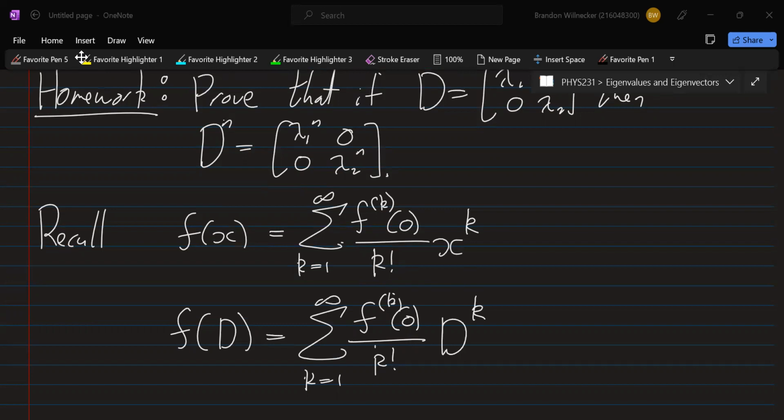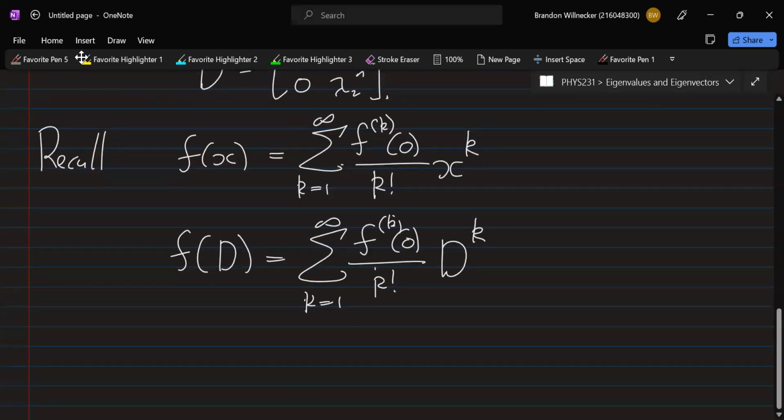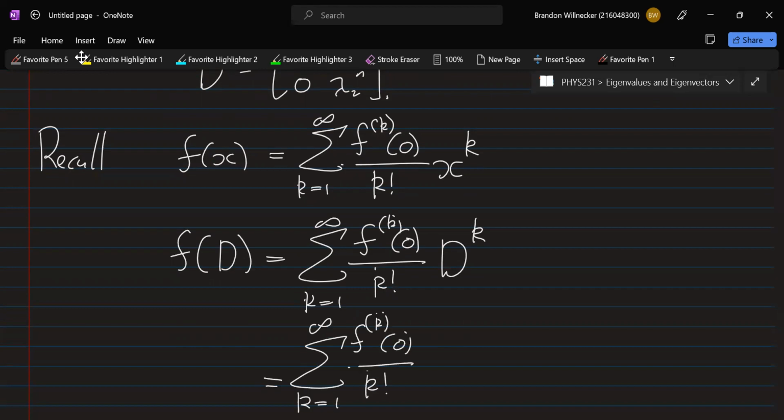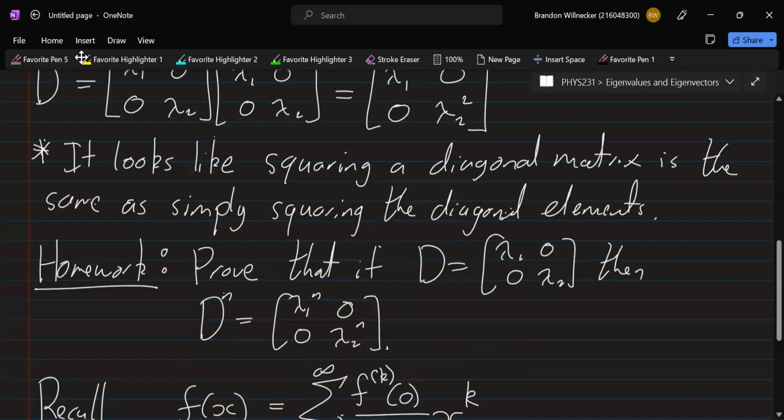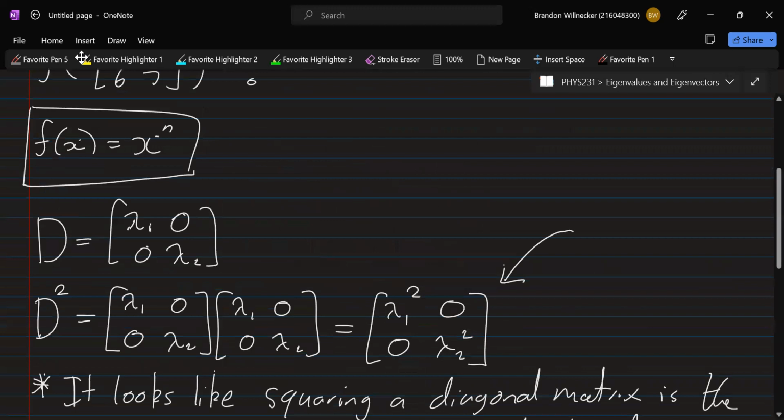Okay, so let's do this. Let's substitute in our matrix. So this is going to be equal to the sum from k equals 1 to infinity, f to the k at 0 over k factorial, and then we know this is going to be the matrix lambda 1 to the k, 0, 0, lambda 2 to the k from our previous work.